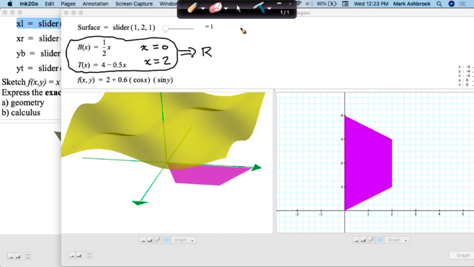It's truly volume because this is always positive, as a double integral over R of f dA, meaning either dx dy or dy dx.